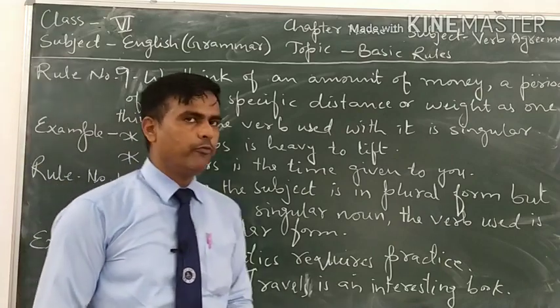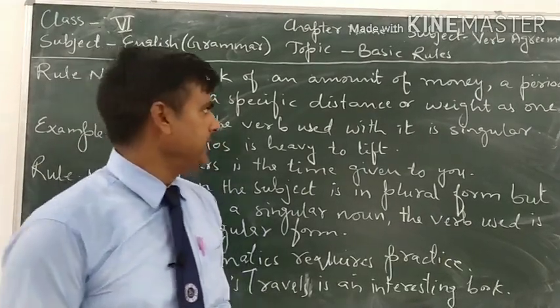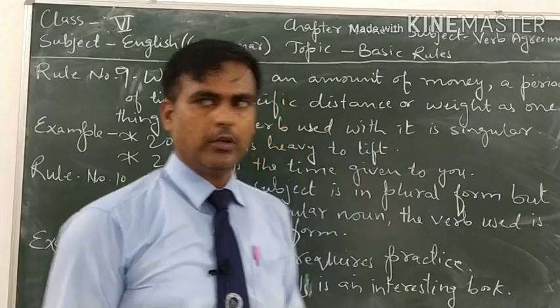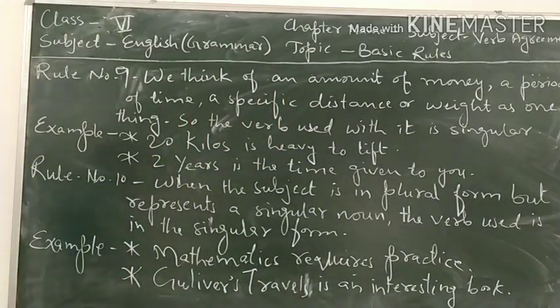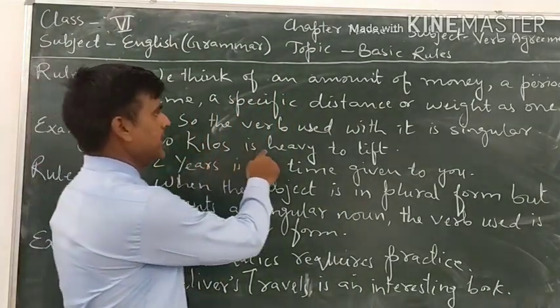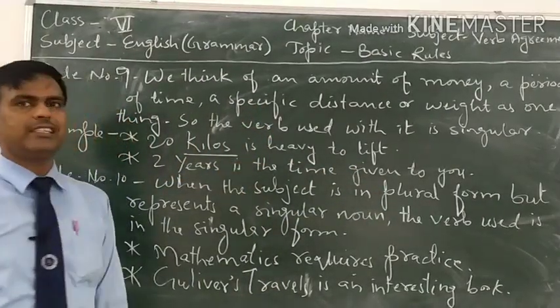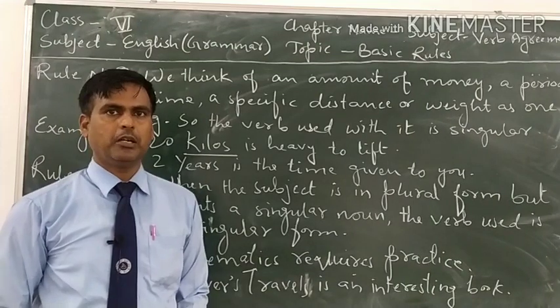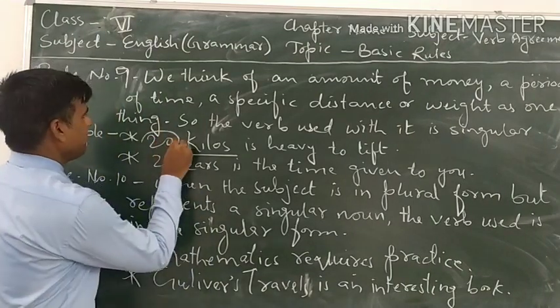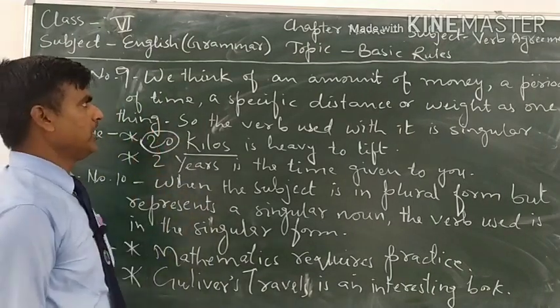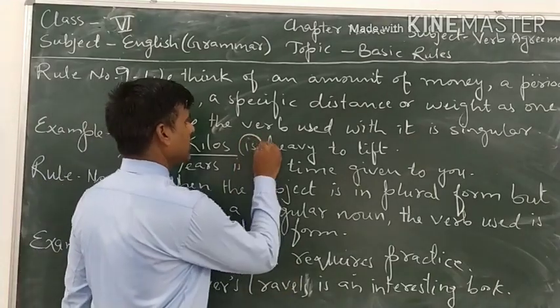So the verb used with it is singular. For example, 20 kilos is heavy to lift. Kilos suggests to us that it is a plural subject, but because of this 20, we use a singular verb.